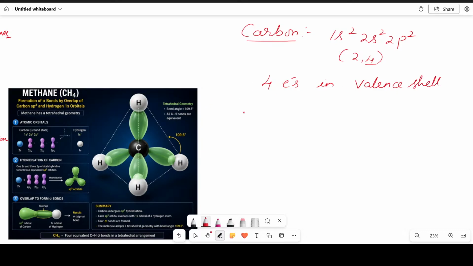It needs 4 more electrons to complete its octet. Energetically, it is very difficult for a carbon atom to gain 4 electrons or to lose 4 electrons.